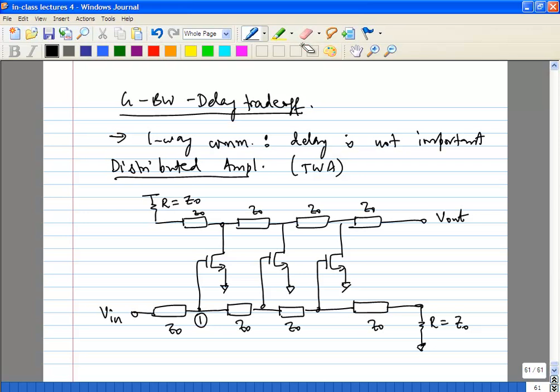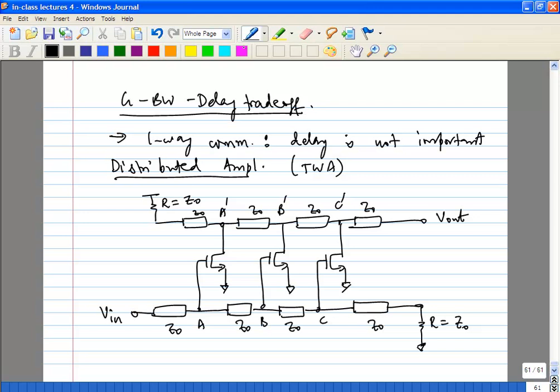Actually, instead of numbers, let's call them A prime, B prime, C prime. So after one delay, the signal arrives at A and then gets amplified. The gm of the transistor turns it into a current. So the current will be gm times the input voltage step, and that gets multiplied by the impedance looking in.